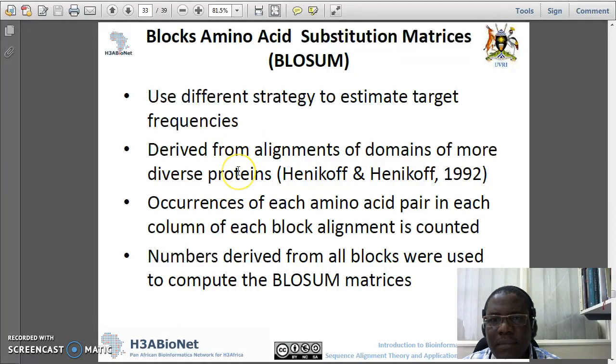For the BLOSUM, the underlying data is derived from the BLOCKS database, and this one involves more distantly related sequence assemblies than you had with the PAM1, which was only the 1% amino acid changes expected, and then the rest were just derivations.